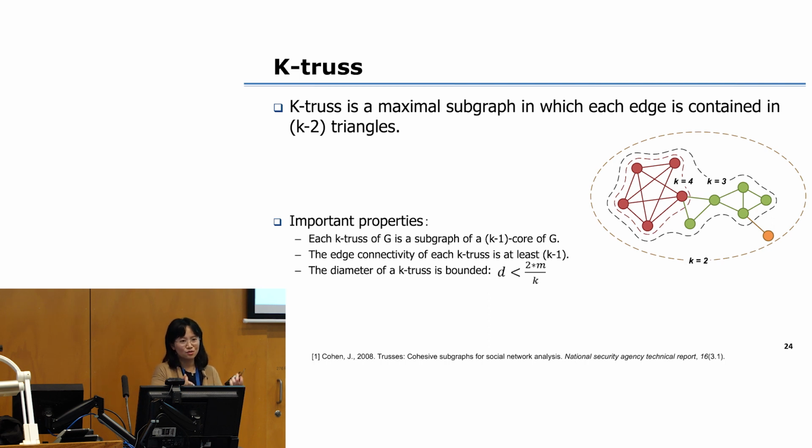This basically means the two users at the two endpoints of this edge share a common neighbor, right? If we put it in the context of social networks, it means two friends share a common friend. So the more triangles this edge is contained in, the more common friends these two endpoints, these two users, share.